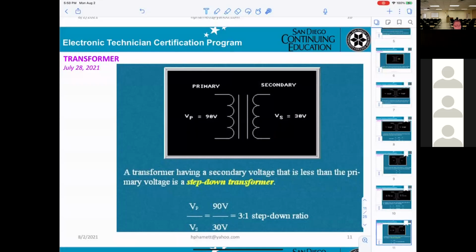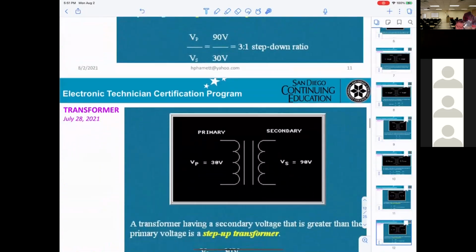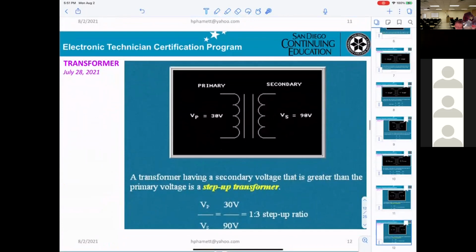If the primary voltage is higher than the secondary, it's a step down transformer, and if the secondary is higher than VP, it's a step up transformer.